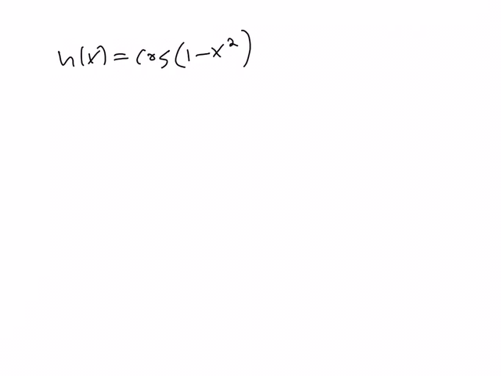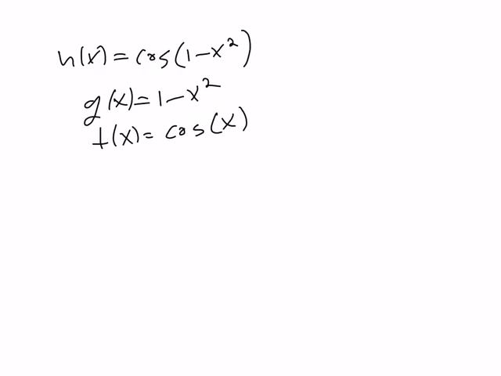So if we look at theorem 9, we can take g of x to equal 1 minus x squared, and f of x to equal cosine of x, right? And then g of x is continuous everywhere, defined everywhere, because it's a polynomial, and cosine f of x is also continuous everywhere and defined everywhere, because it's a trigonometric function.